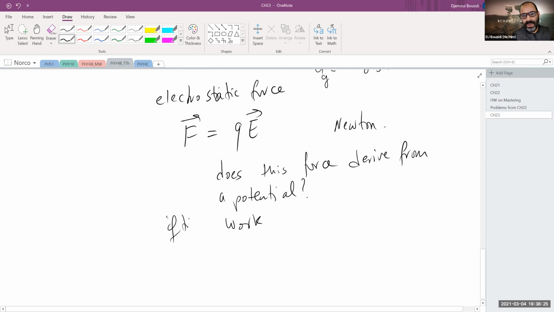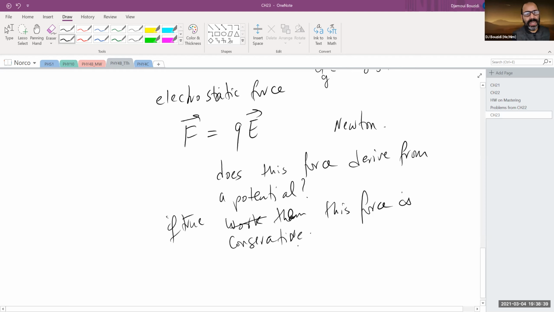If true, then this force is conservative. That means it doesn't depend on the path. Of course, if it's not, it's like friction, an engine, and all of that. We want to know that.